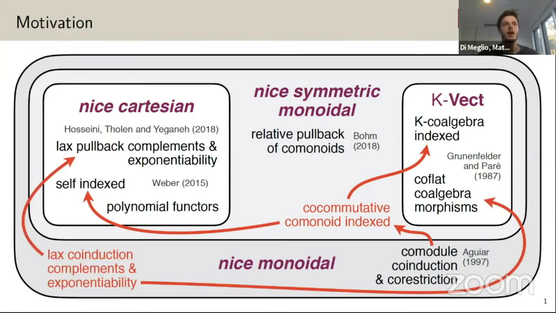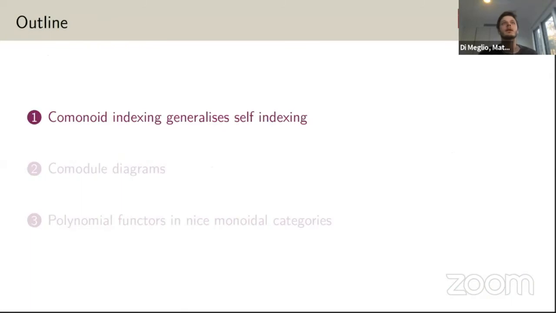Then next, I'll briefly mention, although not go into too much detail, this notion I'm calling a lax co-induction complement, which generalizes the notion of lax pullback complements in the Cartesian case, and a corresponding notion of exponentiability, which specializes to both exponentiability in the Cartesian case and coflat coalgebra morphisms in the vector space case. And then finally, I'll say how to use this to bring polynomial functors from the Cartesian setting to the symmetric monoidal setting. Okay, so let's start by talking about this comonoid indexing of symmetric monoidal categories.